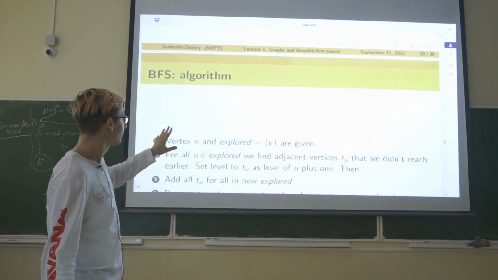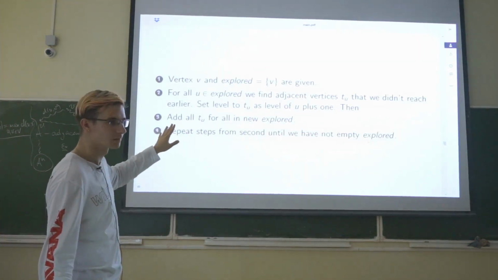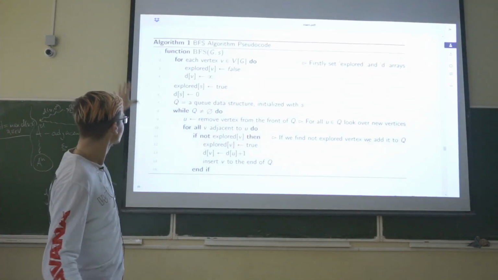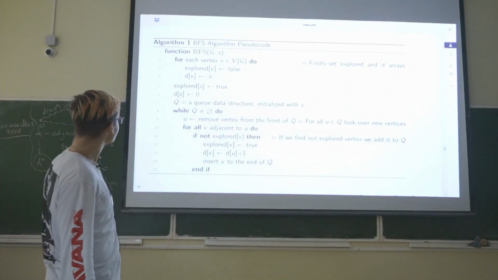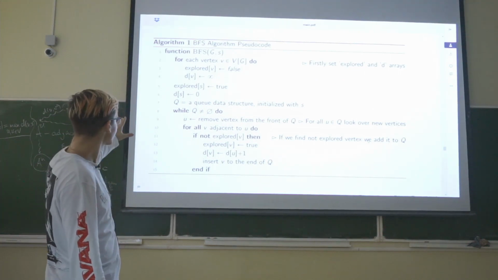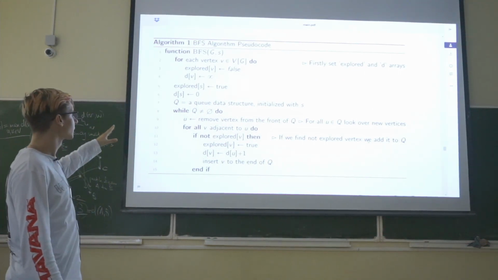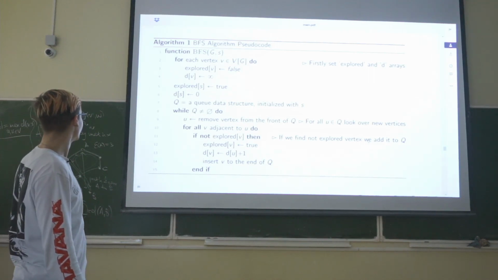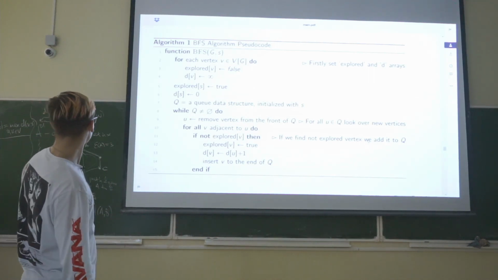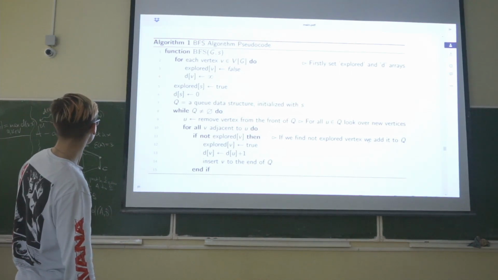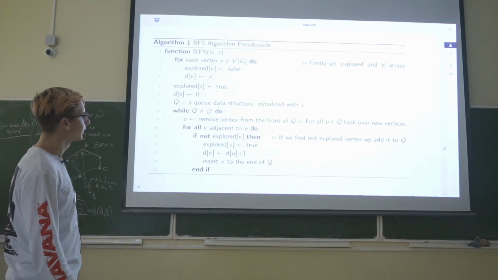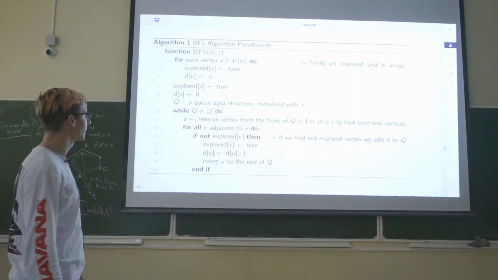I can give you an example after 2 slides. Okay. So the first rows, from 2 to 6, are the presetting before we start our algorithm.